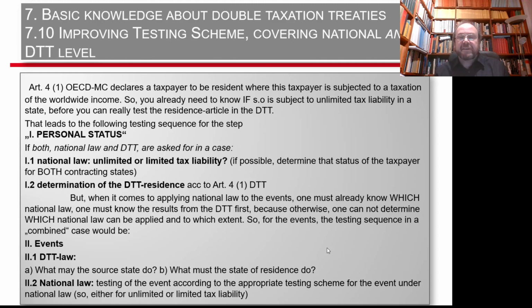When it comes to the events, the sequence of national law and DTT law is exactly the other way around, because before you apply national law, you must find out which national law. So there you would go into the rules of DTT law first, and then apply national law according to the adequate testing scheme, which is a different one for unlimited tax liability or for limited tax liability events.